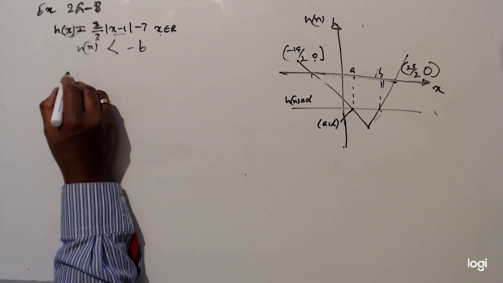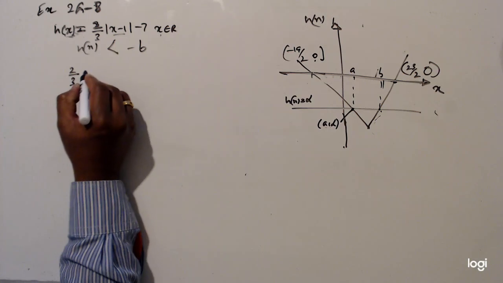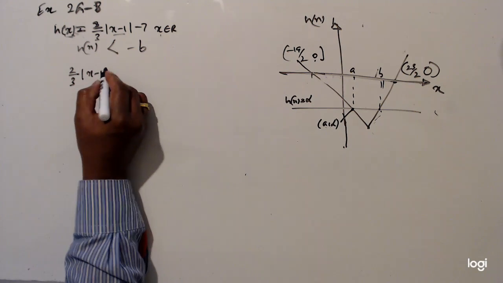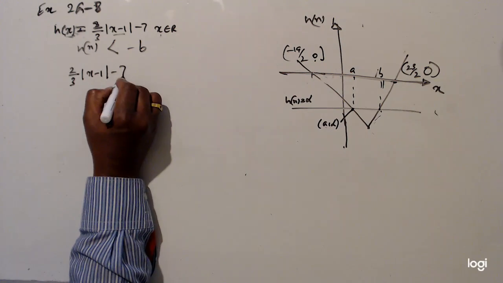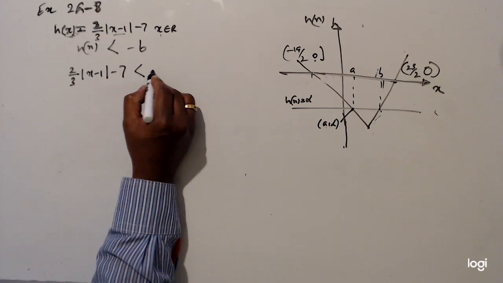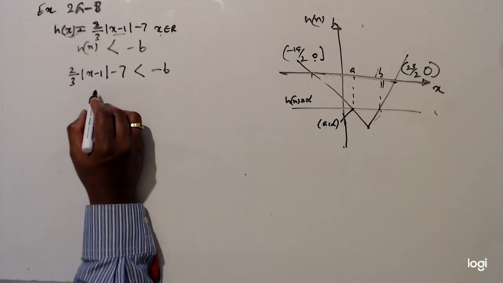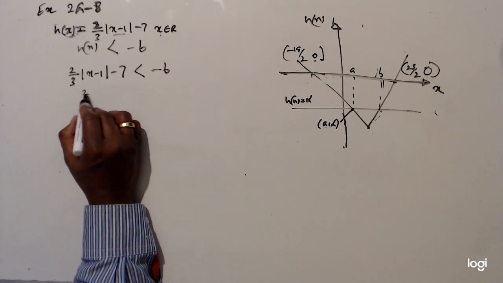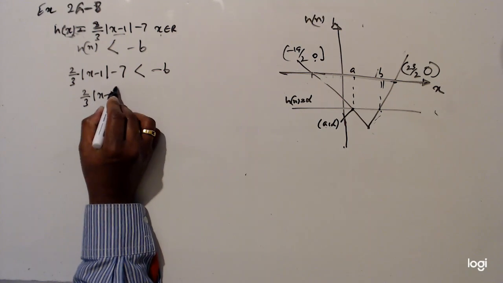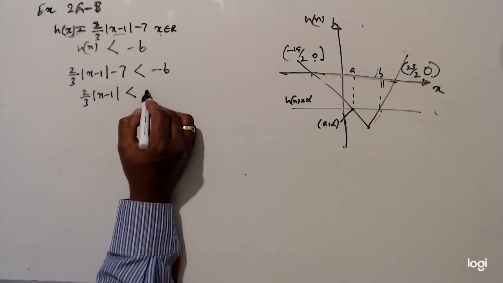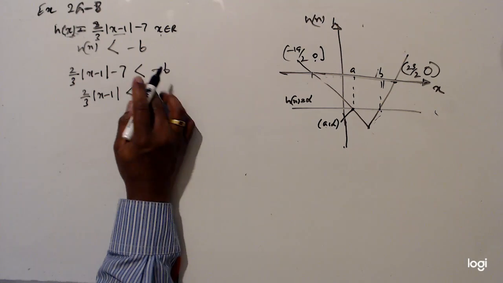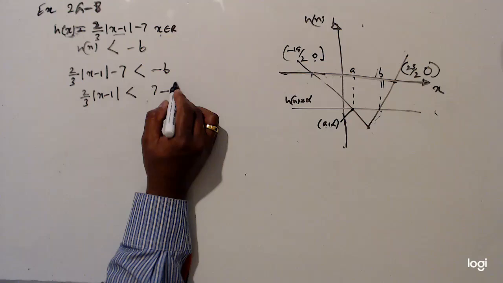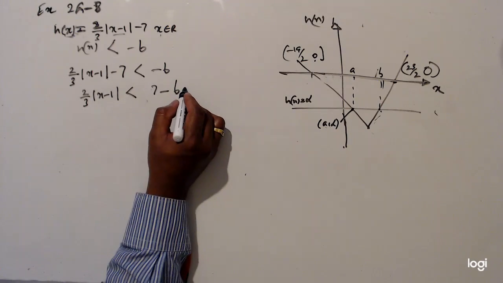So h(x) is 2/3 |x minus 1| minus 7 less than or equal to minus 6. I will simplify this a little bit. So 2/3 |x minus 1| less than or equal to 7 minus 6, which is 1.